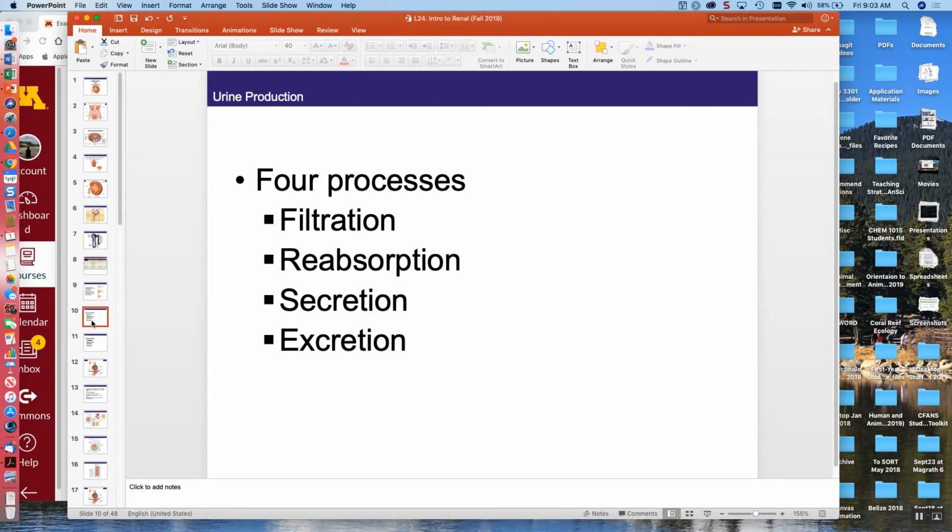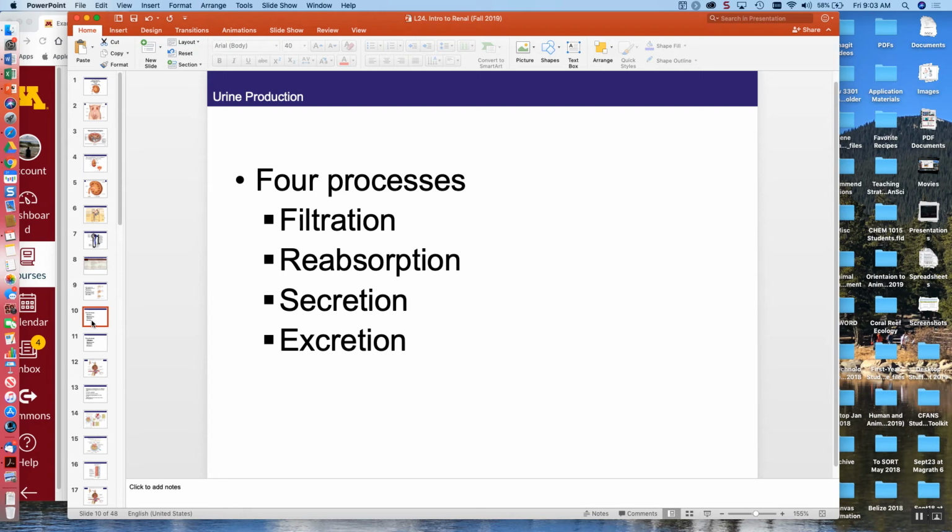Reabsorption is a process of pulling water and solutes out of the nephron and recovering it, delivering it back into the blood supply. Secretion is the opposite.